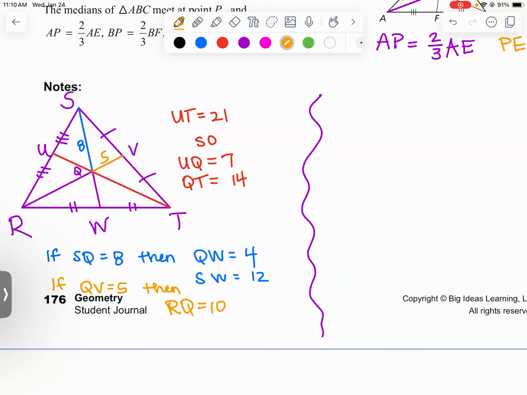That's the 2/3, so double. If I have the 1/3 part, we double it to get the 2/3 part. Great. And so then RV would be what? 15.